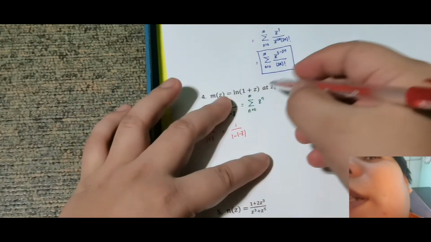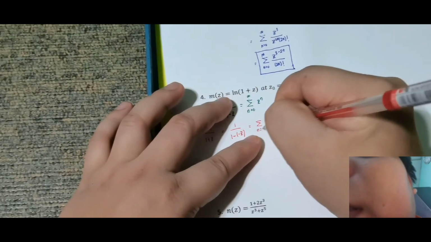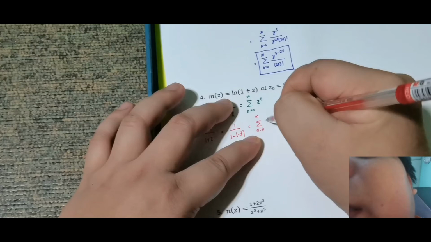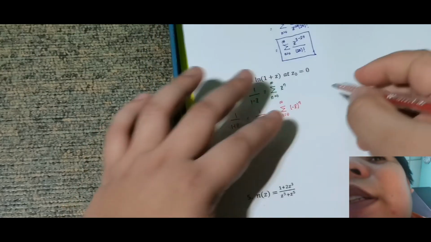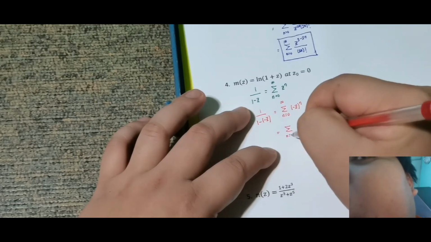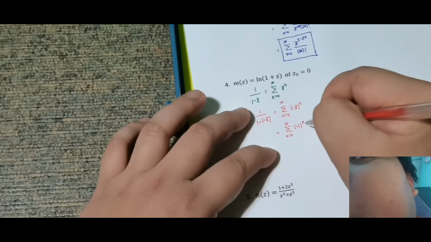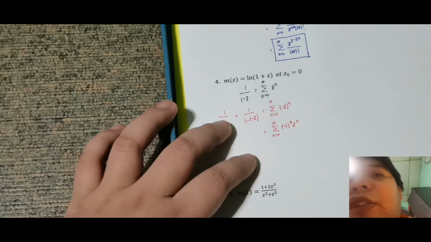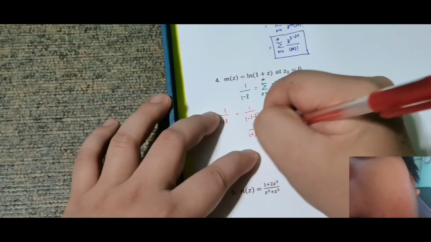So, this is equivalent sa summation for n is equal to 0 up to infinity ng negative z raised to n, in which this is equal sa summation for n is equal to 0 up to infinity ng negative 1 raised to n then z raised to n pa rin. Okay, so ito daw yung Maclaurin series representation ni 1 over 1 plus z.